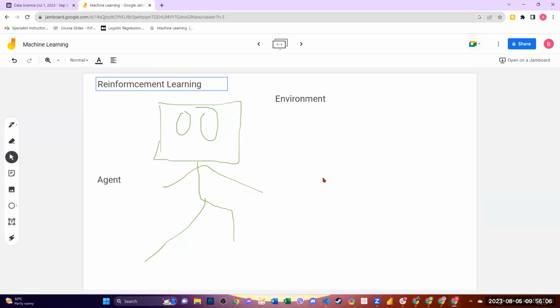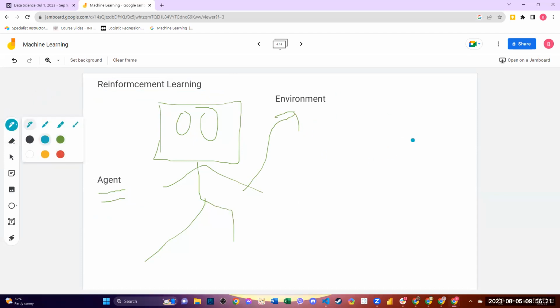The robot is experiencing the environment, and the robot is called an agent. Then the environment, usually we just provide the robot with a certain kind of outcome and penalties.